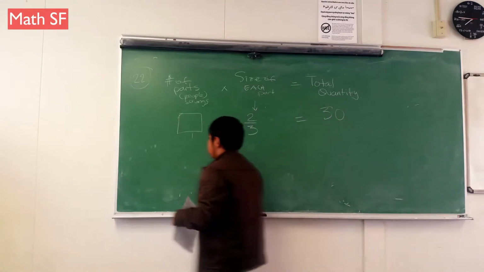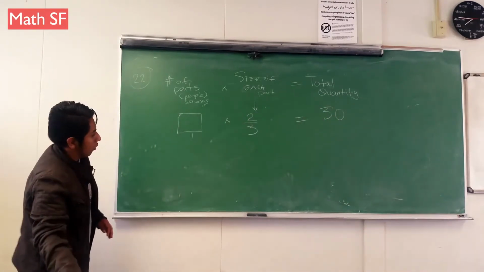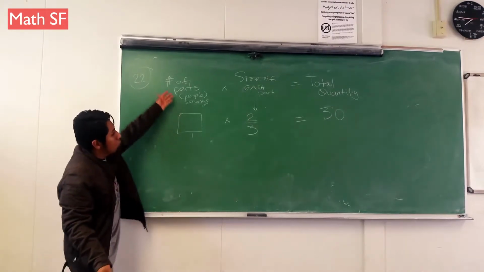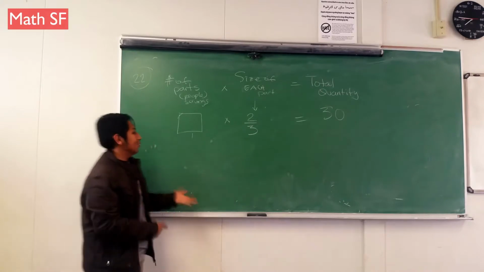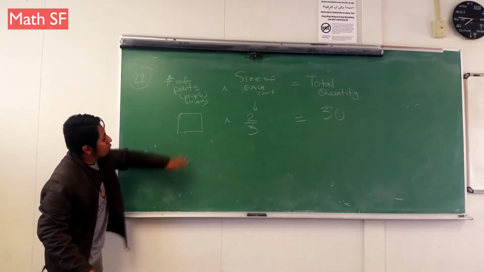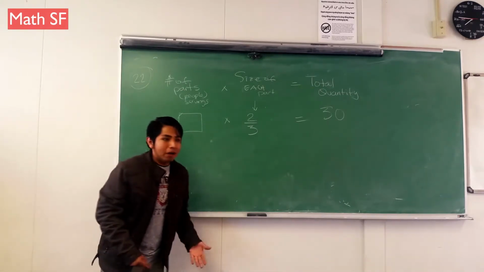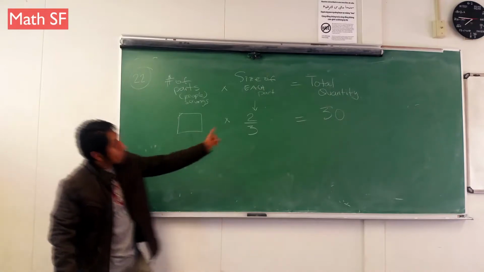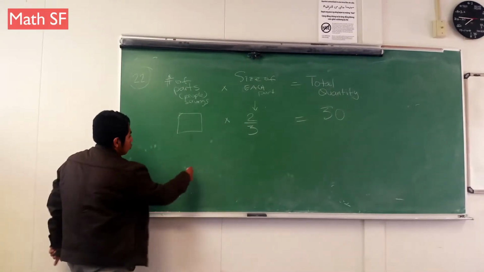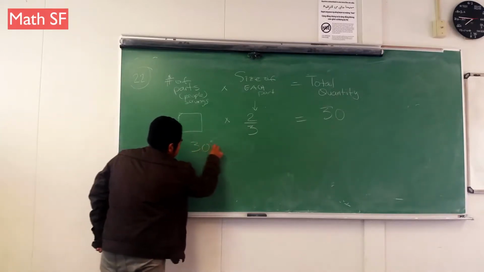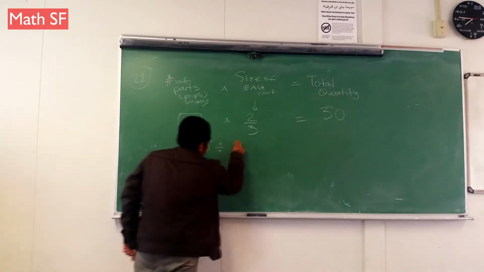So what are we going to do here? What operation are we going to have to do? Well, if we follow this formula, this tells you that we're missing one of the multipliers. If you're missing one of the multipliers, what should you do? We must divide. What are we going to divide? The product divided by the known multiplier. So it's going to be 30 divided by 2/3.